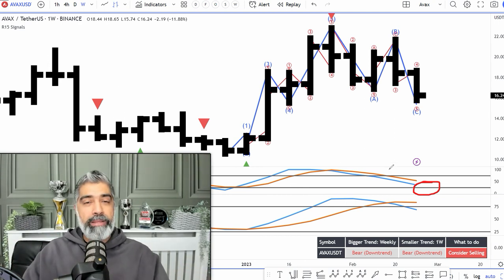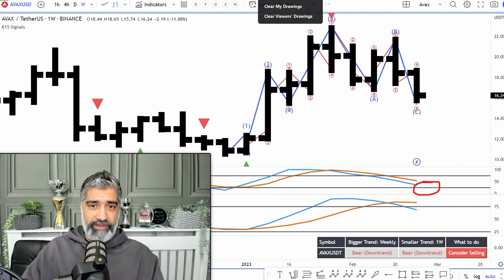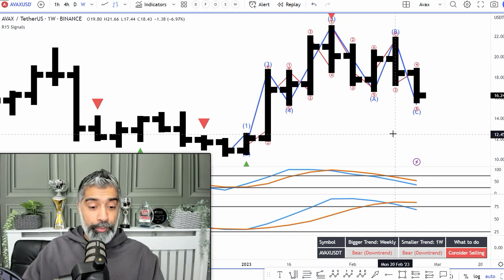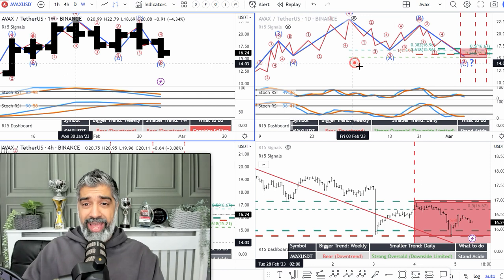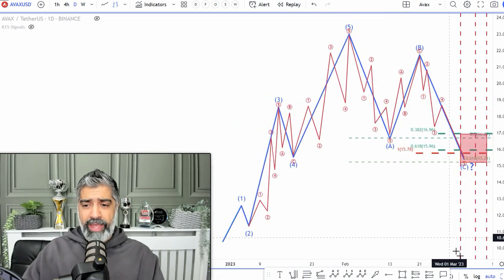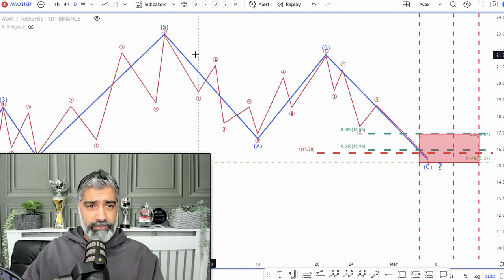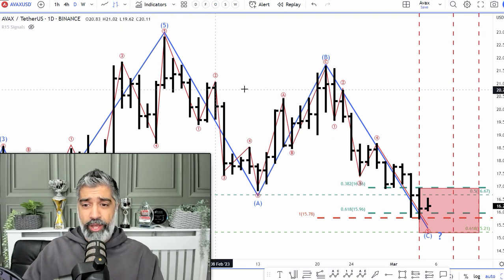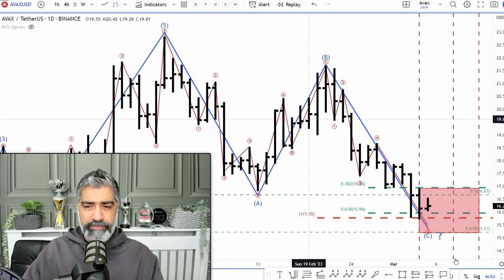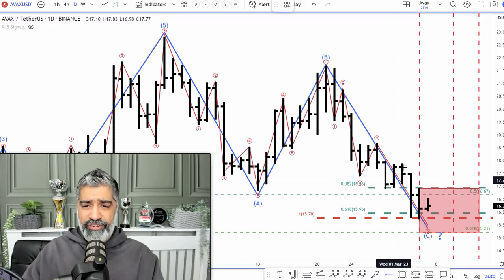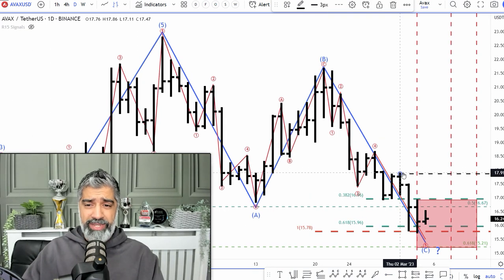So maybe let the market prove itself. We can say to the market, prove yourself to me that there is a reversal happening, and what that would look like, if I bring back what we said earlier, and this goes back to pattern, is we could patiently say, even this swing high would be sufficient.